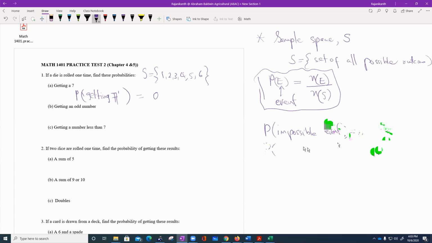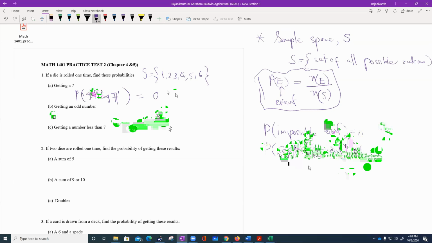If you know the event is for sure going to happen, then that kind of certain event has probability always 1. Okay. So keep in mind these two things. So this is an impossible event because I don't get 7 here for sure. Therefore, it is 0.